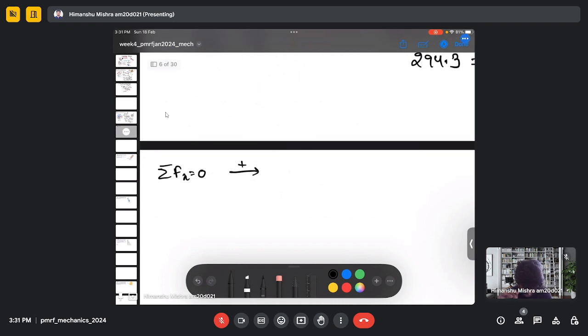So it will be T sine 60 minus NA equal to 0.